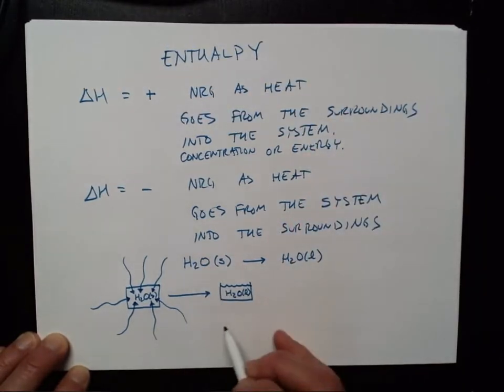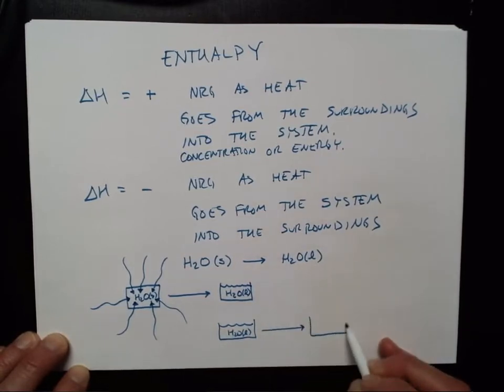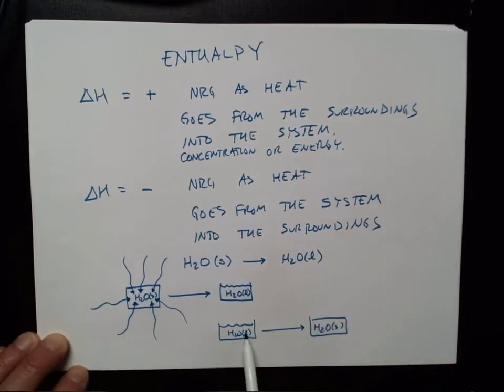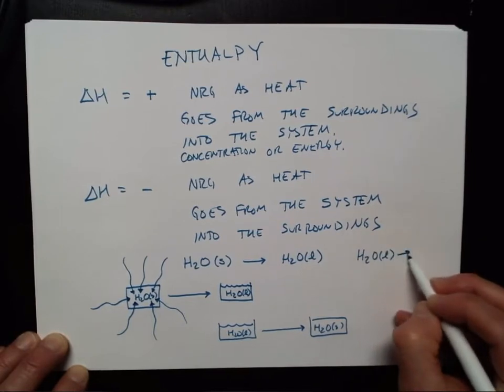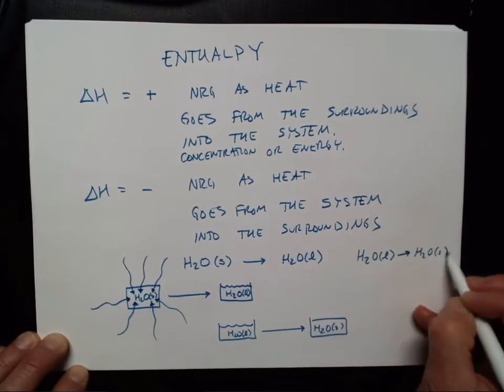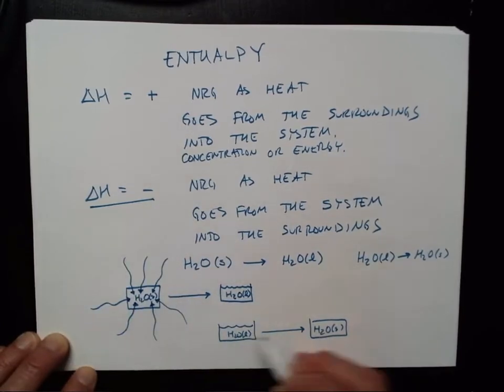On the other hand, if we have some liquid water, and that's going to freeze, the opposite happens. In order for this to freeze, let's just draw the equation here. H2O liquid going to H2O solid. In this case, delta H is negative. Enthalpy is going to be lost. For this to freeze, it's got to lose energy. It's got to go to a lower energy state.